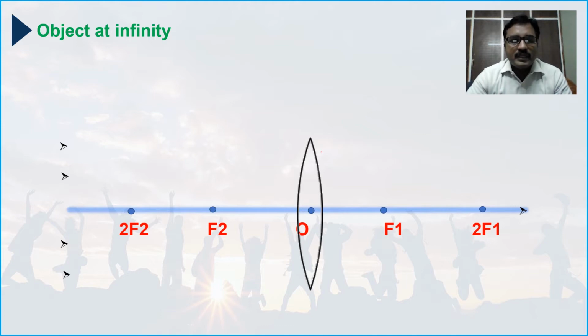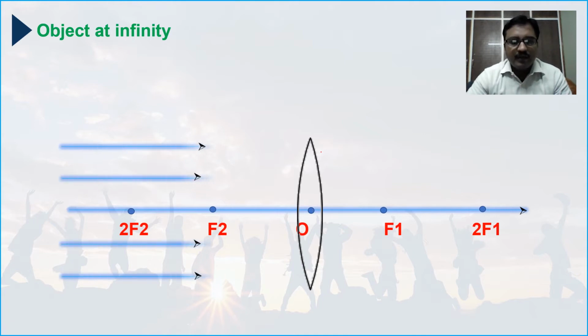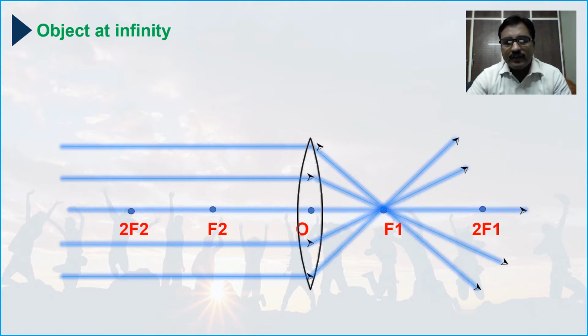Now we shall observe the formation of image when the object is placed at infinite distance. Now here these are the light rays falling on the lens. These are parallel light rays, because the light rays coming from the object at infinite distance are a parallel beam of light rays.